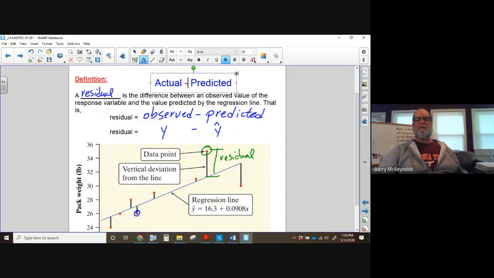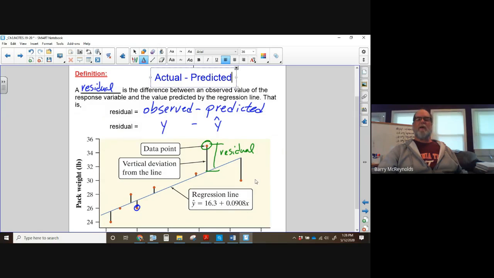It's the difference between the A and the P. So it should be easy to remember, or the observed value minus the predicted. The actual value always comes first. And it's possible for the residual to be negative. Here, this value is a negative residual because the actual value is less than the predicted value. So this residual will be negative.